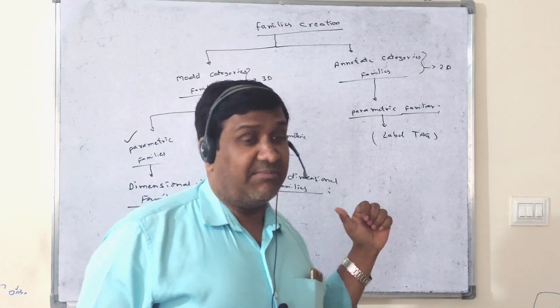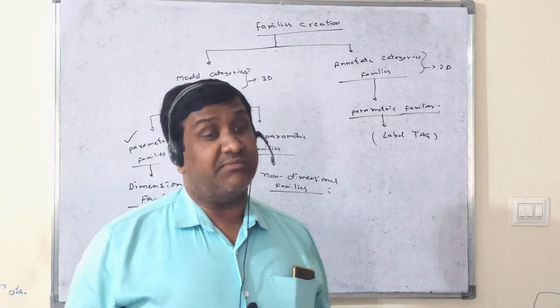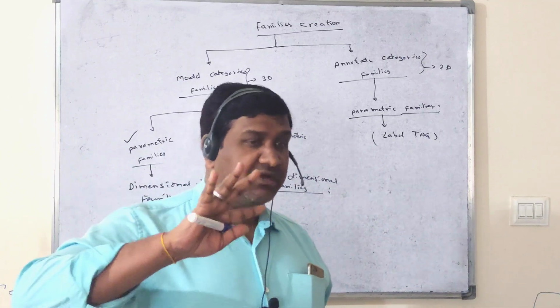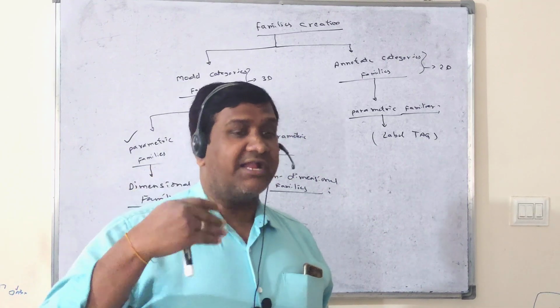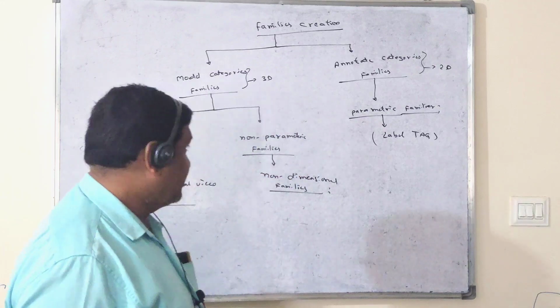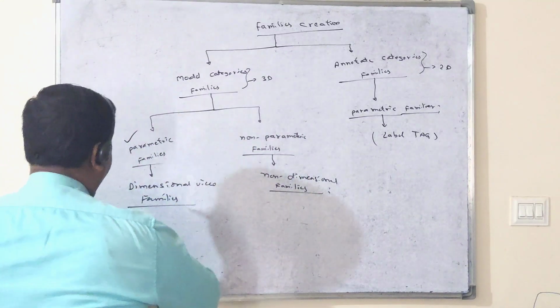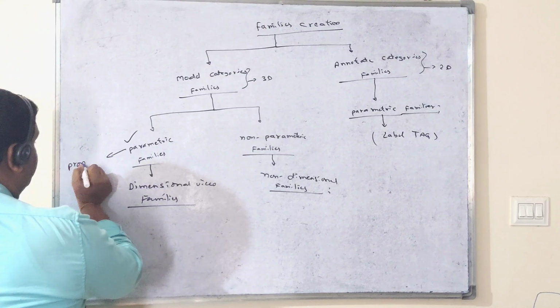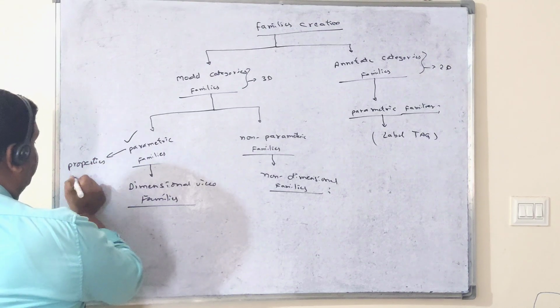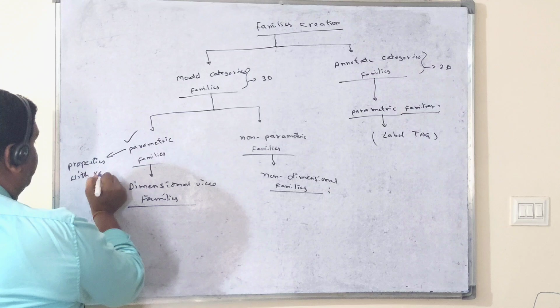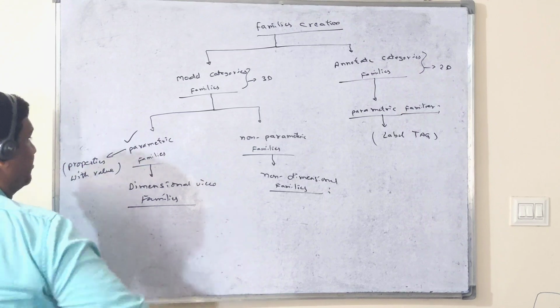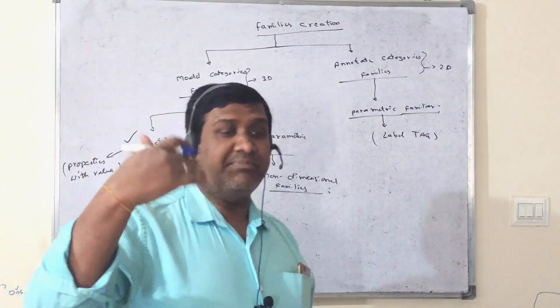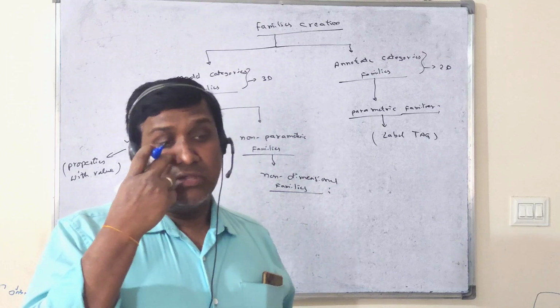Because a parametric family takes some time to create, as per the view we have to add some parameters for it. Here, parameters are nothing but properties with values. We have to give some value, and based on that value, we update the parameters.